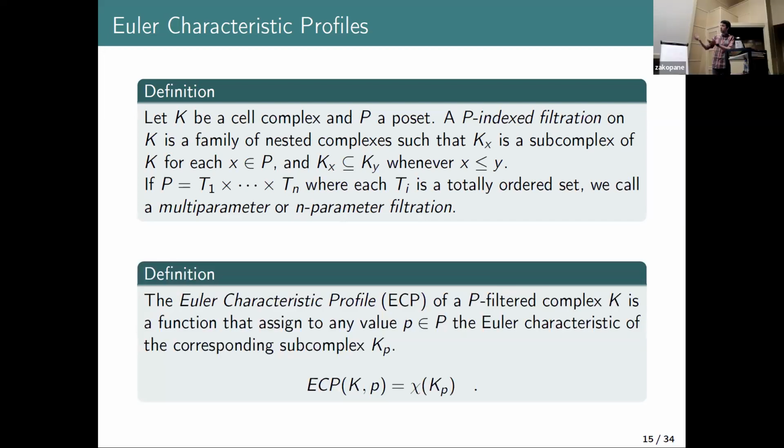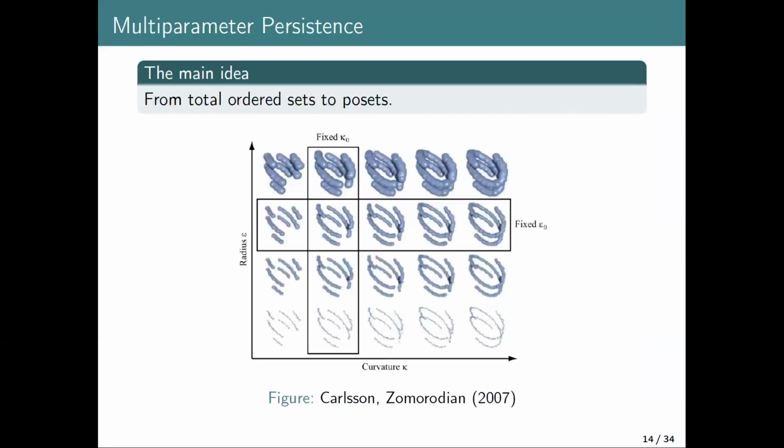Basically, you can have the same definition as before, but now we call this the Euler characteristic profile because it's no longer a curve. The profile of a filtered complex is just a function that assigns to each value the Euler characteristic of the corresponding subcomplex. So once again, you can imagine that, for example, in this case your poset is R^2.